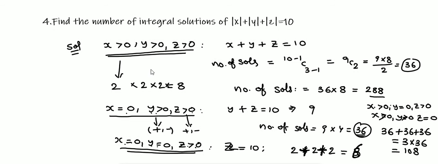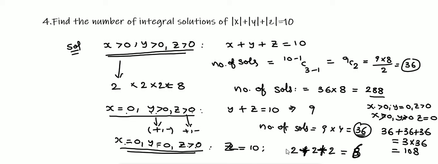So once again I am repeating all the cases here. First case, x, y, z are non-zero values. Second case, 1 is 0 among 3. We will get 3 such cases. In each case we are getting 36. So 3 times 36, 108. Whereas in the third case, 2 among 3 are 0.